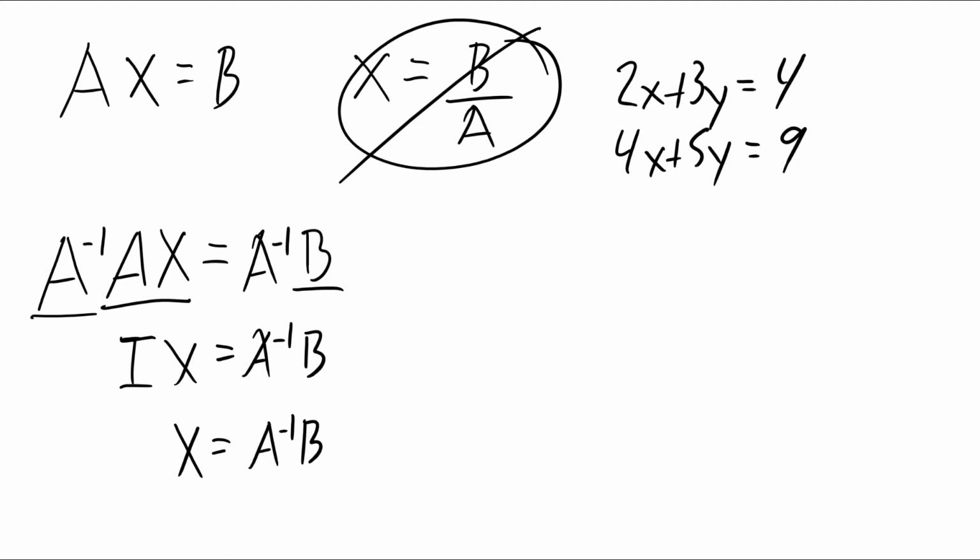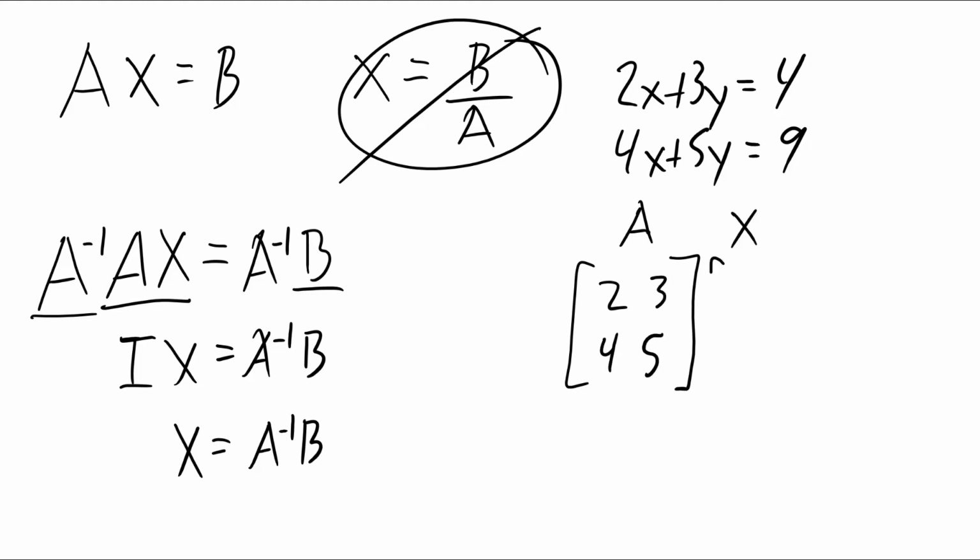And so what that'll look like is a matrix A that will be the coefficients. So it won't be the exact same as when we put it into an augmented matrix. This will be a little different. We'll have a matrix just for the coefficients, 2, 3, 4, and 5.